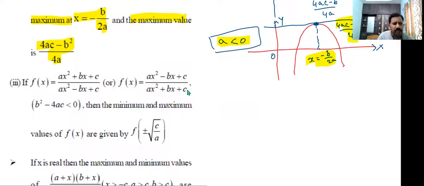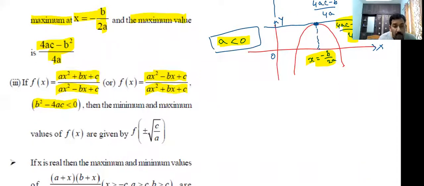See here, if f of x is equal to ax square plus bx plus c divided by ax square minus bx plus c, observe the numerator and denominator difference, or ax square minus bx plus c divided by ax square plus bx plus c. In this expression, for either numerator or denominator, whatever it may be, the discriminant is less than 0.